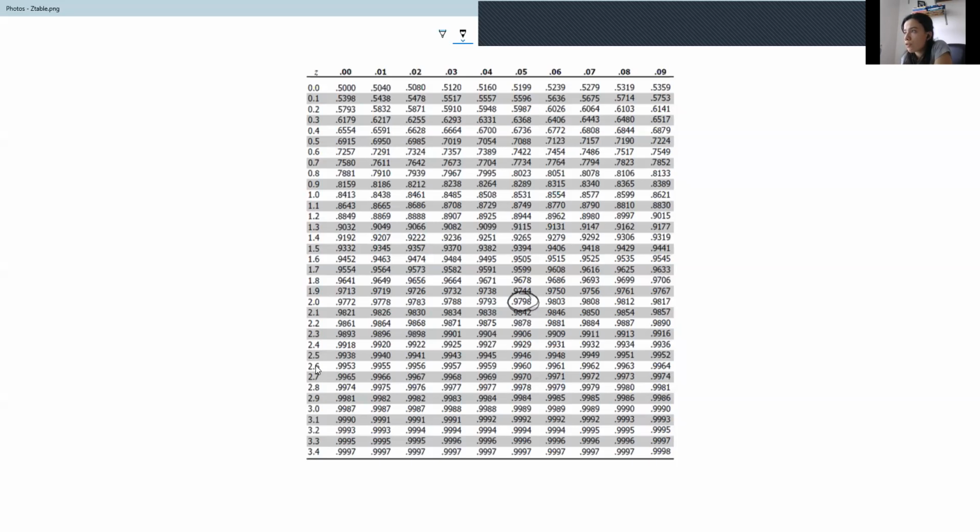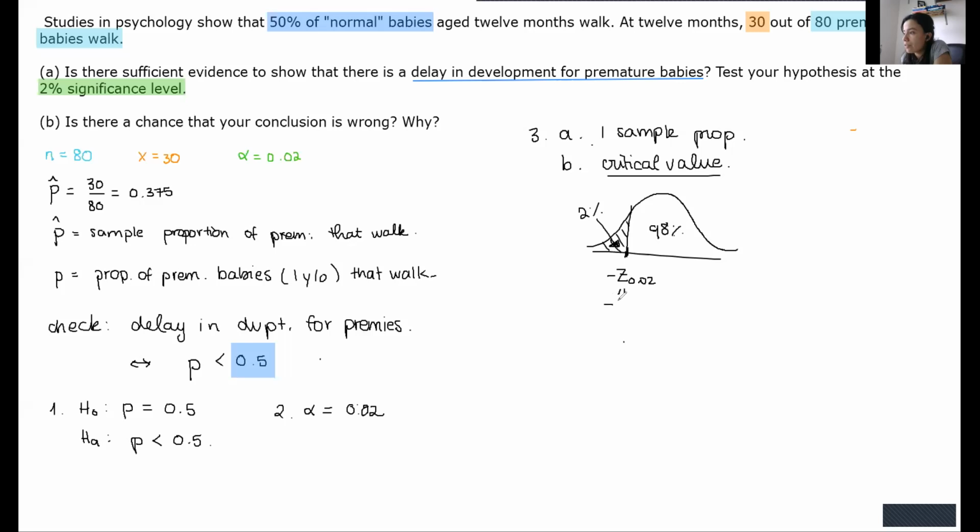I get 2.05. That's the value that separates the bottom 98% from the top 2%. Now, if I want the bottom 2% from the top 98%, I'm just going to have to take minus 2.05. Okay, so I go back over here and I get that this value over here is equal to negative 2.05. That's the value that separates the bottom 2% from the top 98%.